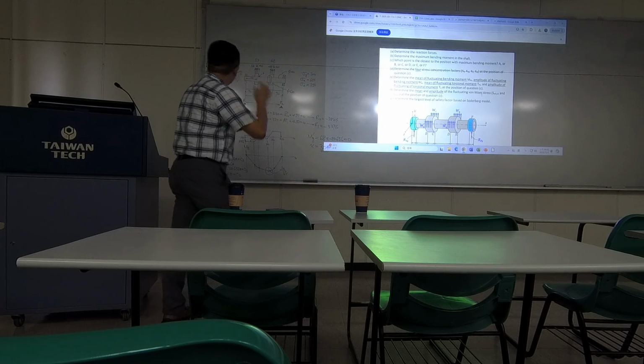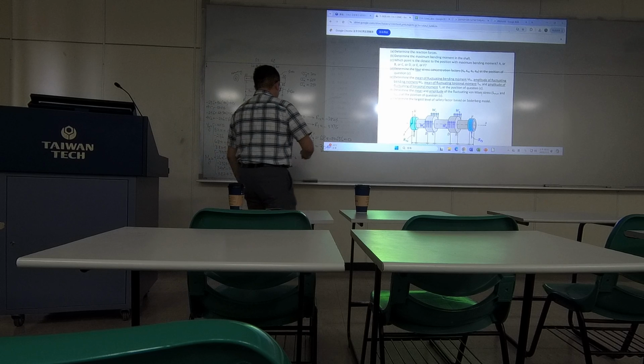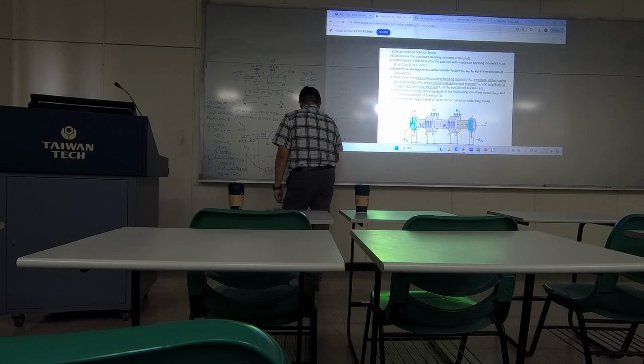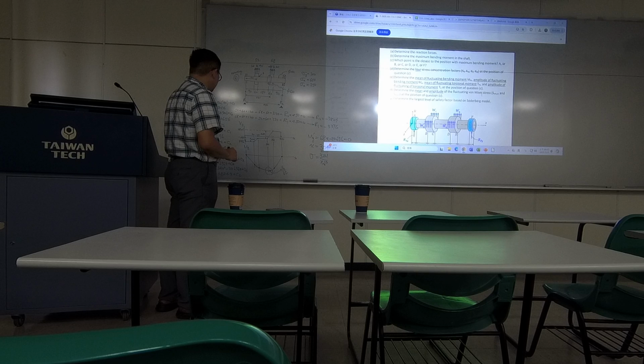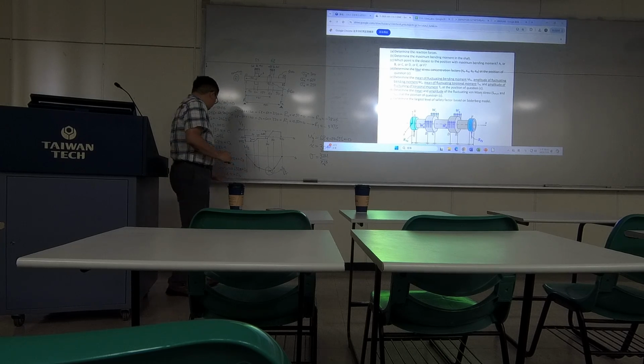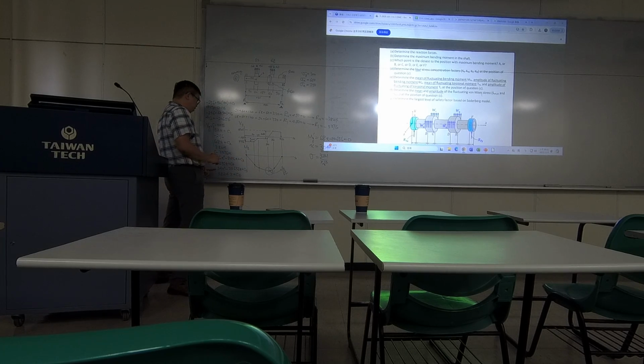Now, the stress equals 32M over pi d cubed, right? So right here you need to plug into this equation in order to find out the extreme value. I don't have it right now, but it's some value.